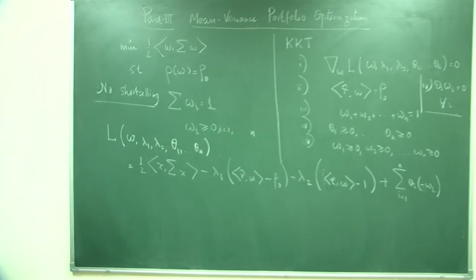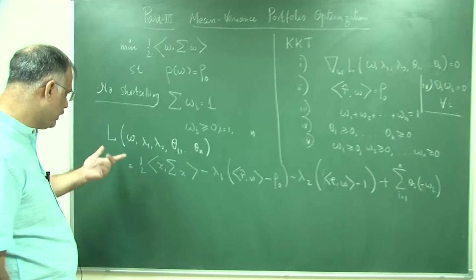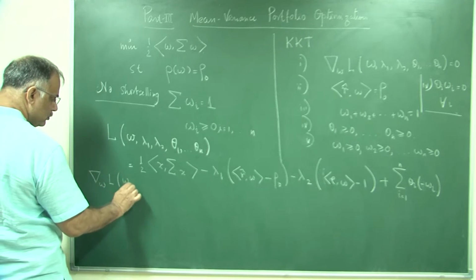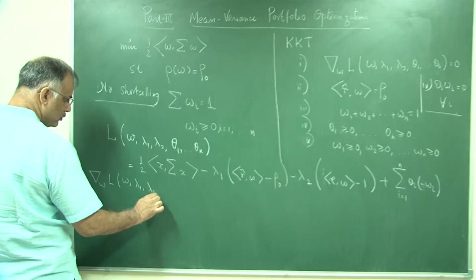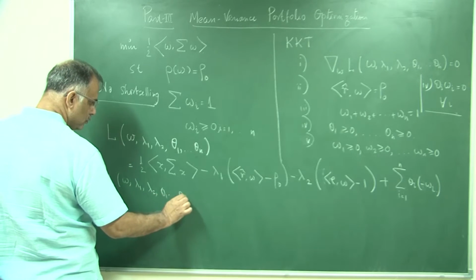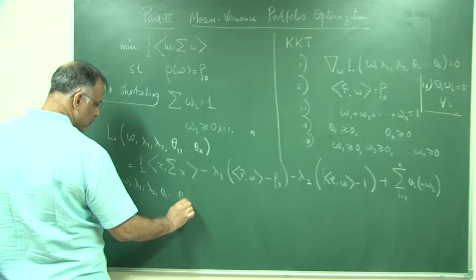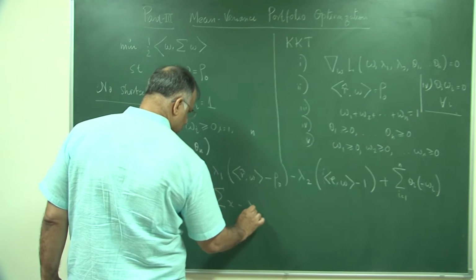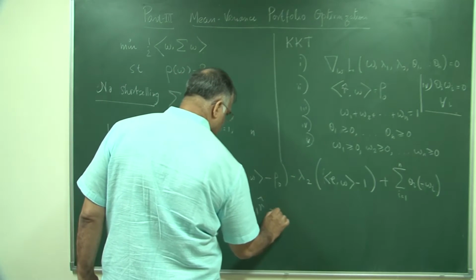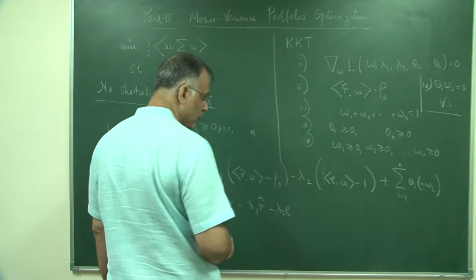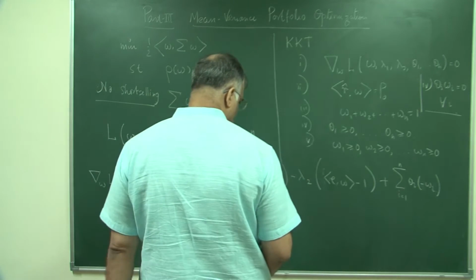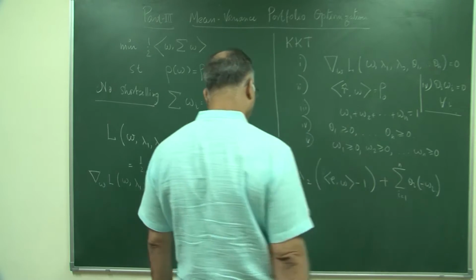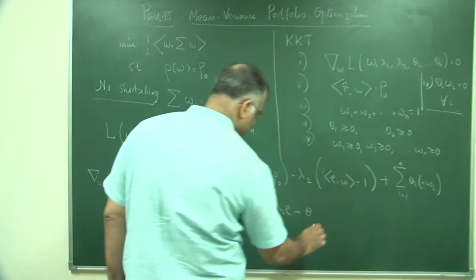For example, now if you want to take the gradient at W, what I'll get is the following. Here I'll get the vector theta back, which is theta 1, theta 2, theta n, and that would be equal to 0.